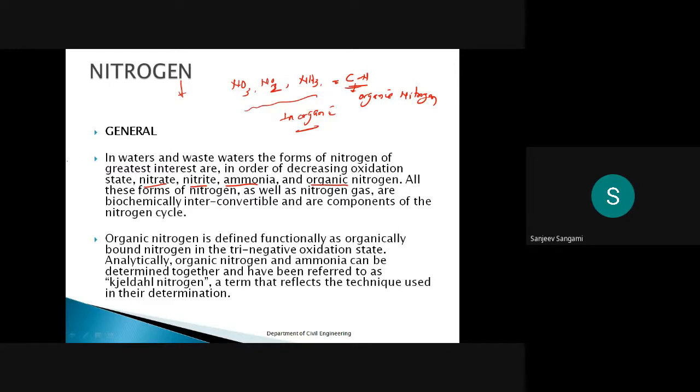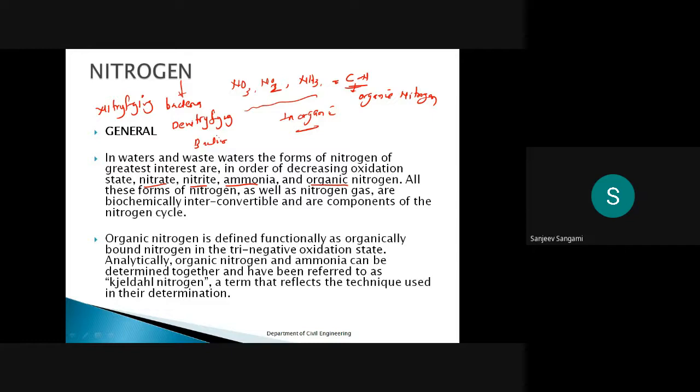Nitrifying bacteria and denitrifying bacteria, these two bacteria are responsible for conversion between nitrite, nitrate, and ammonia nitrogen. If nitrogen is there along with carbon, you can call it organic nitrogen.